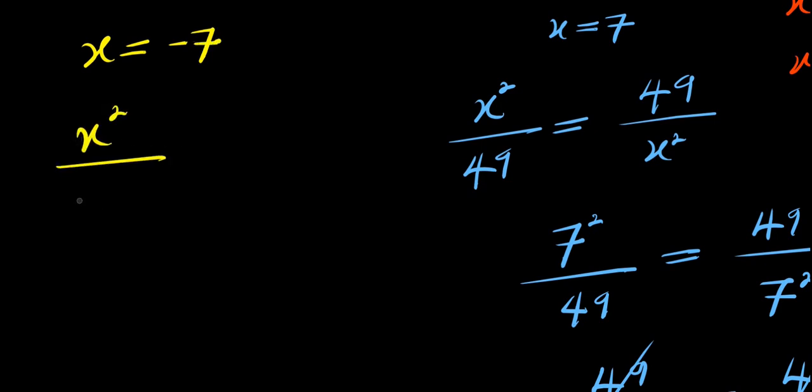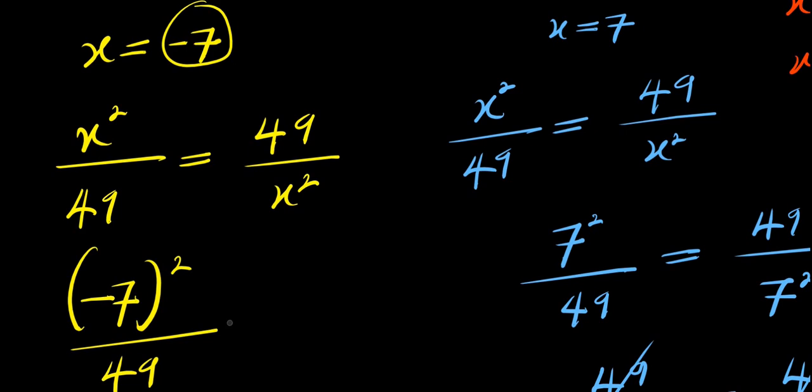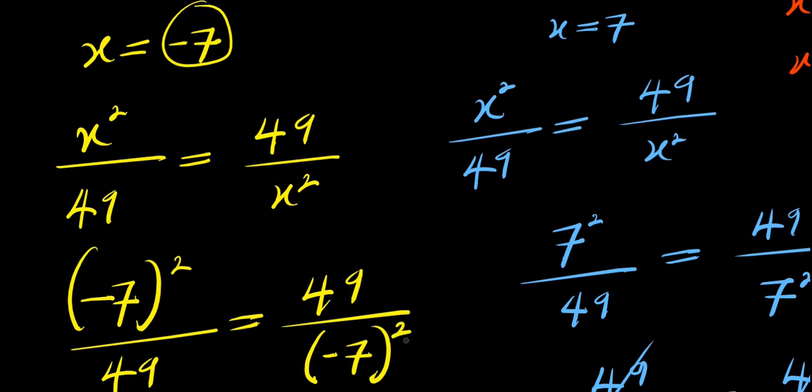Now x equals -7. x squared divided by 49 equals 49 divided by x squared. Substituting -7 for x, I have -7 power 2 divided by 49 equals 49 divided by -7 power 2.